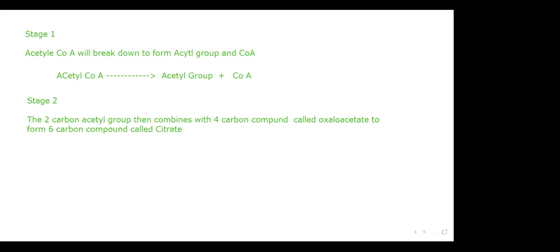Now here we have broken the acetyl coenzyme A back to the acetyl group. Now what we do in stage 2 is this 2 carbon acetyl group will be bound with the 4 carbon molecule called oxaloacetate.